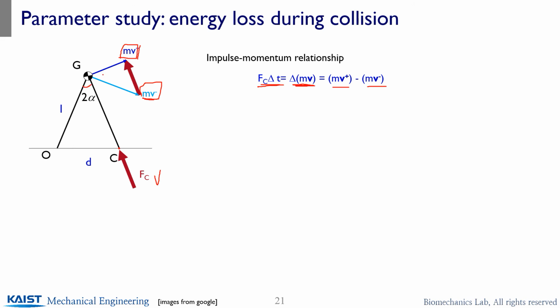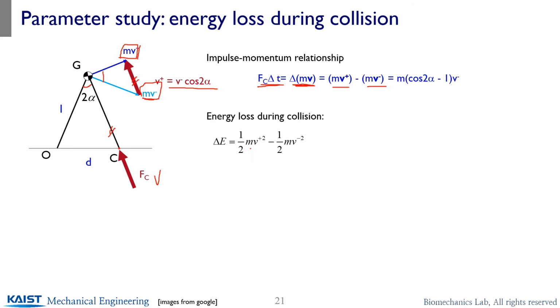Since this angle is 2 alpha and this is 2 alpha as well, and this is parallel to the leg length for the stance leg with the collision, we can have v plus as a function of v minus cosine 2 alpha. If you calculate the energy loss, which is the kinetic energy change, 1/2 mv plus square minus mv minus square, you will have 1/2 m times cosine square 2 alpha minus 1 times v minus square, and this is the same as a sine square 2 alpha term.